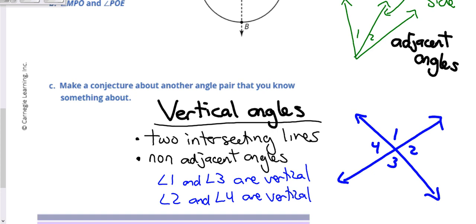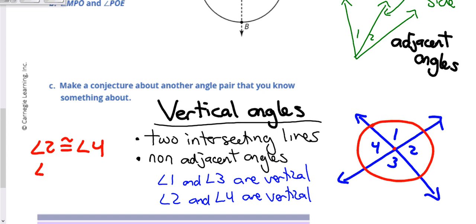And a little side note, because we know the relationships of two intersecting lines, you can consider that if I was to draw a circle here, and this would be the center of my circle, I'm not even saying that these are perpendicular at all, but using the relationships of the arcs with the secants going through the circle, I can prove that angle 2 and angle 4 are congruent, and angle 1 and angle 3 are congruent.